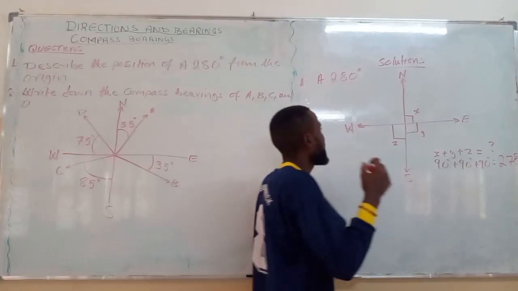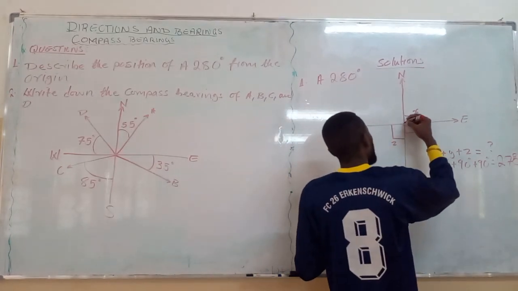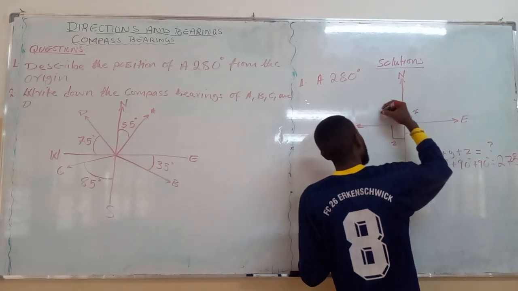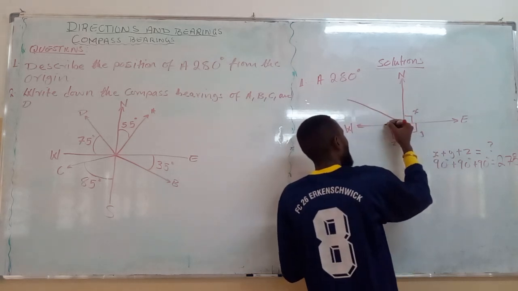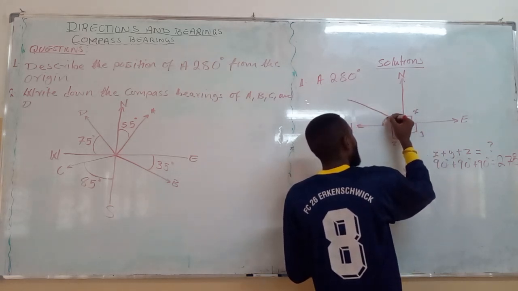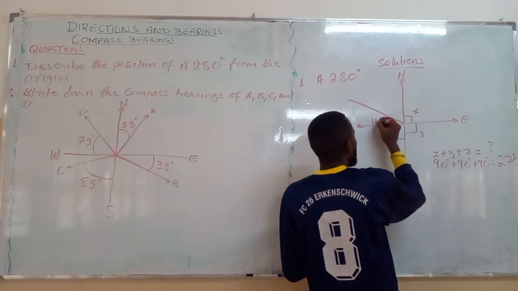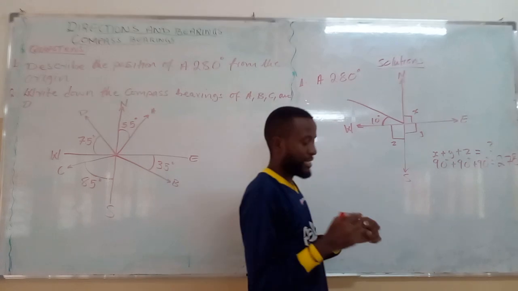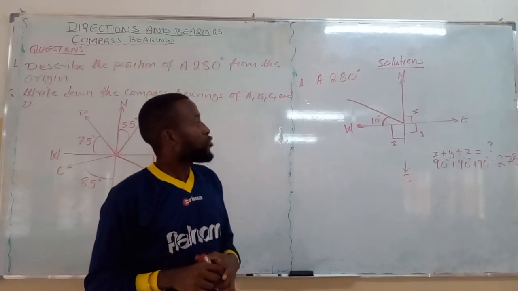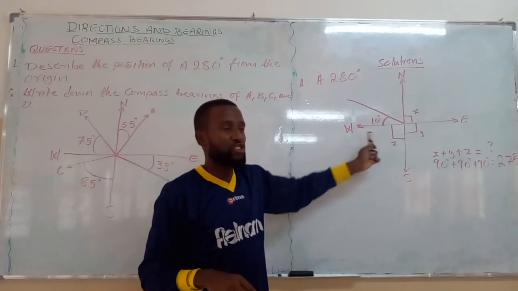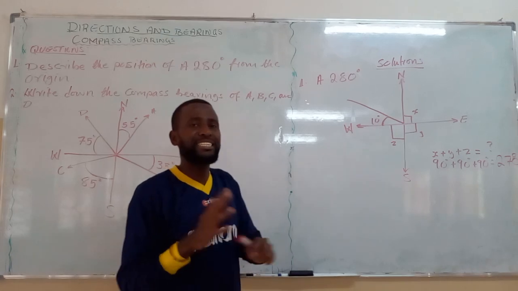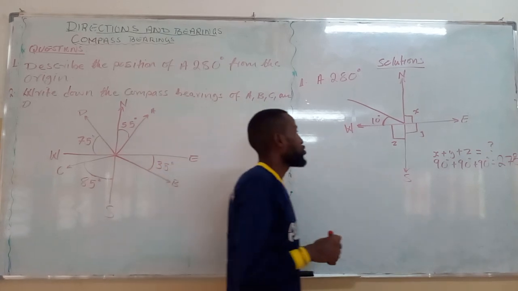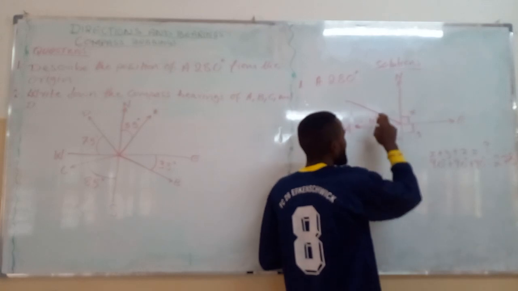So if I add 10 degrees from here, from here to there it will be 280 degrees. I'm describing here. I haven't yet named it. I'm describing.